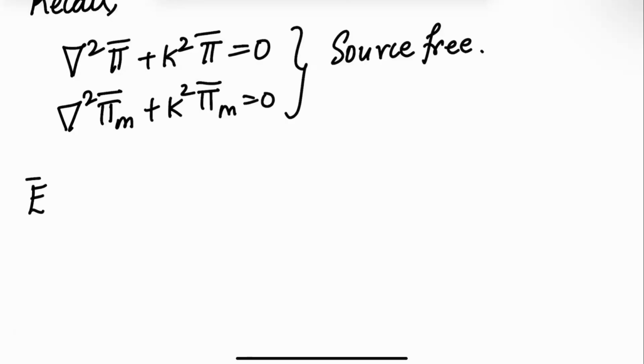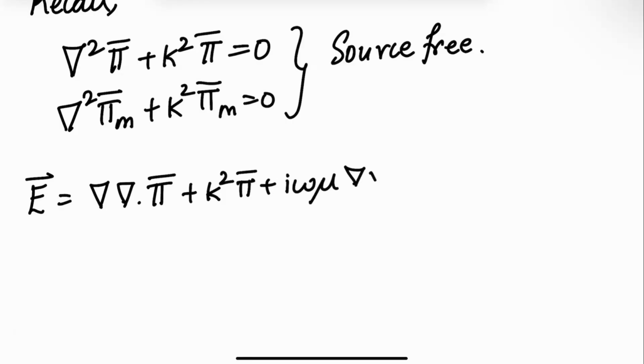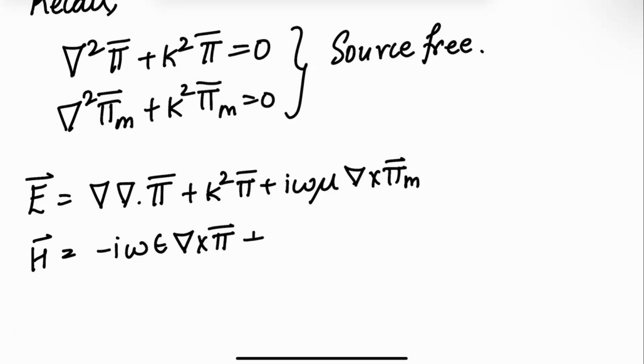And if you recall, the electric field in terms of the Hertz vector potential is gradient of divergence of pi plus k squared pi plus i omega mu curl of pi m, and h equals minus i omega epsilon curl of pi plus gradient of divergence of pi m plus k squared pi m, right?